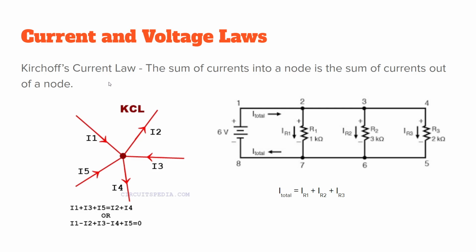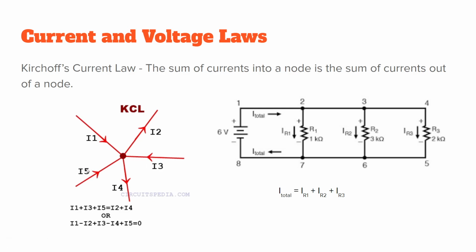So, stepping a little bit into more complex circuit analysis, we have two laws by this guy named Kirchhoff. The first of which is the current law, and that states that the sum of currents into a node is the sum of currents out of a node. Let's think of this as a water analogy. Let's say that this is some central hub, and all of these are pipes coming into or out of that central hub. The amount of water that comes in has to go somewhere. I1 is one of the sources coming in.